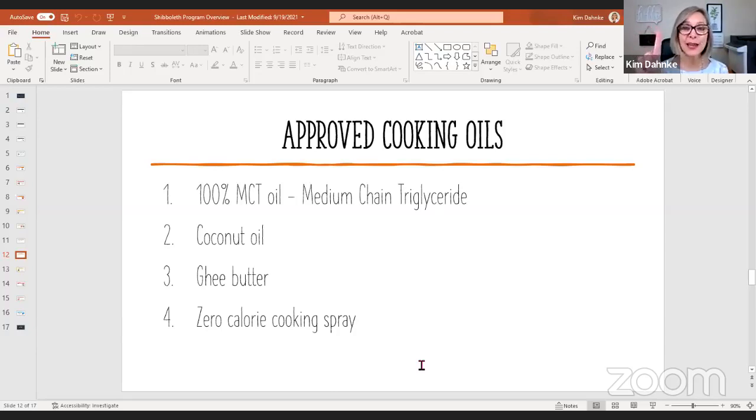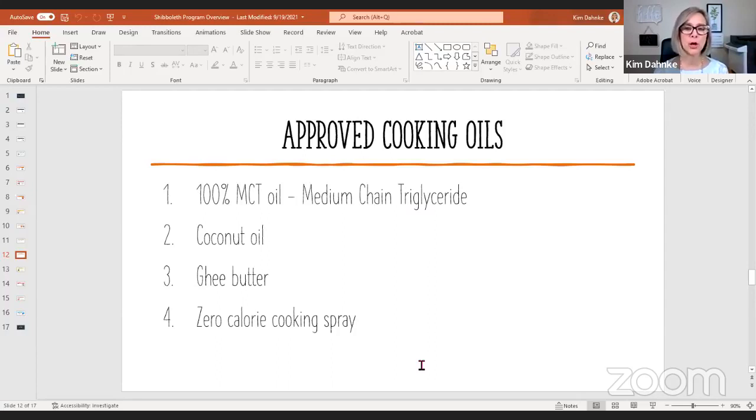And I say that like in a pot, a pan, grill, however you want to cook, you can use it for cooking. Recipes. I know that's cooking, but I just separate that out so that you know that you can think about that in recipes, and you can make approved salad dressings with it. That's the 3 ways that we use MCT oil. It should not be taken just as a random supplement, put in coffee or shakes and things, okay?